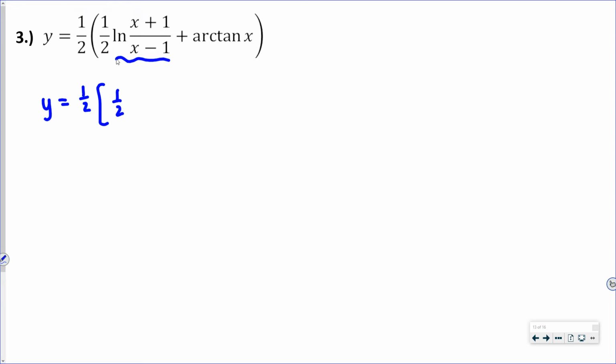I can't really bring this 1/2 out because this 1/2 is only being multiplied to the natural log, okay? So when I expand this, I have to make sure that both the top and the bottom are being multiplied by that 1/2. And since these are division, I could expand that logarithm by subtraction.